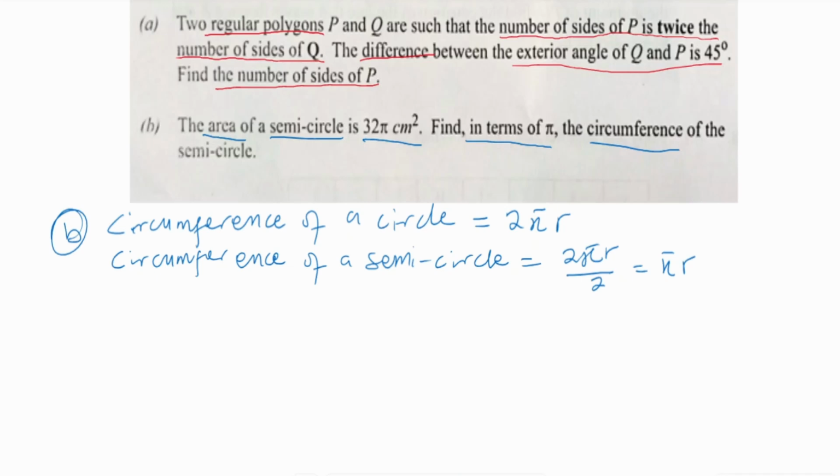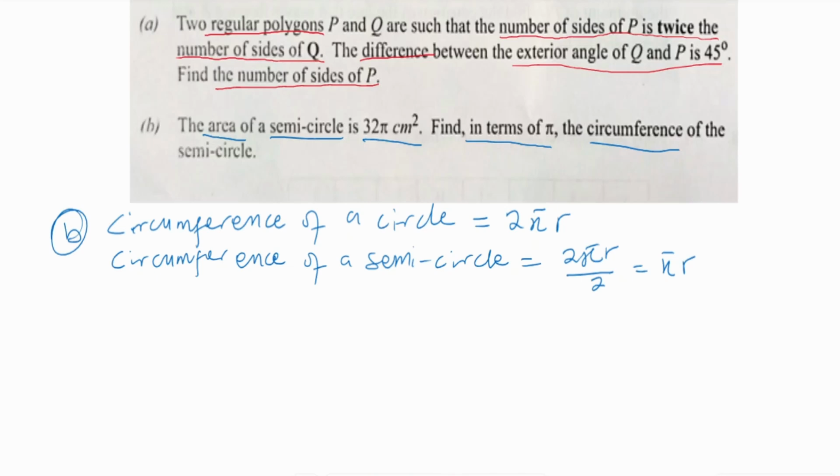So we've been given 32 pi centimeters squared as the area of the semicircle, and we never use that for anything. But we need to use what we've been given to find what we want. So we are going back to the area of a circle so that we can use the 32 to find the radius of the circle. Then after that, we use that again to find the circumference.